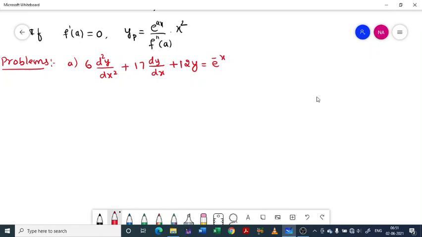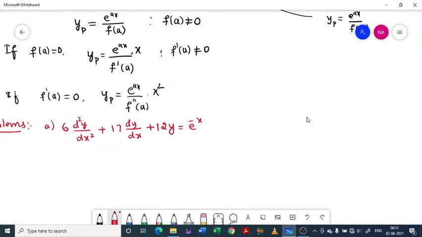There is one more point to recall. So we have phi of x equal to e power ax. Then for what type of functions can we apply this? Is it limited only to exponentials, or can we write the particular integral for different functions also using this?